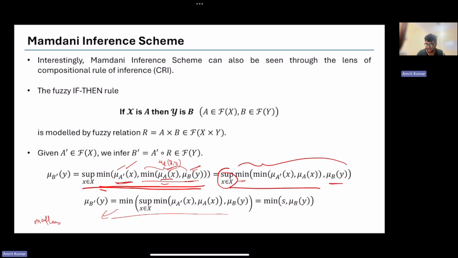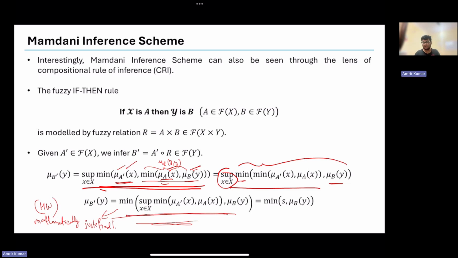I'm not going to prove why that is the case. It's slightly non-trivial, but take it as an exercise to do that. Prove that this whole supremum is nothing but this. That is, you can take the supremum that is lying outside inside the outer minimum. And when you do that, you get this.